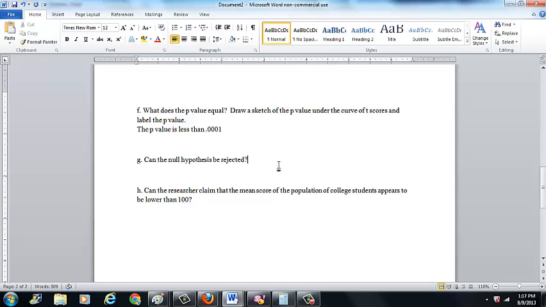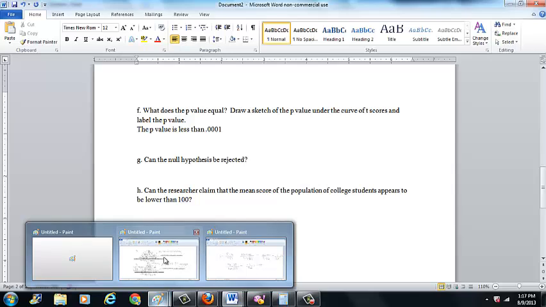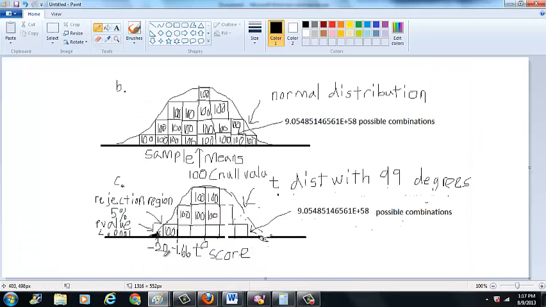Can the null hypothesis be rejected? It can, because our t-score, which is the test statistic, which came out to -20, ended up being in the rejection region beyond the critical value of -1.66.